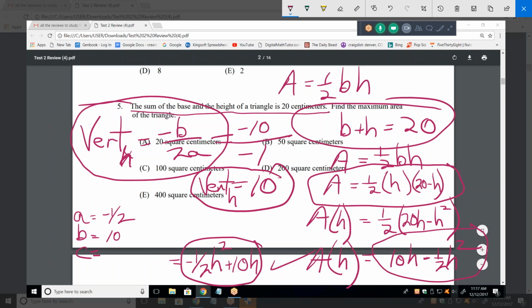Well, now if we know the h coordinate is 10, the b coordinate is also 10. So 10 plus 10 equals 20. So indeed, we have a triangle whose height is 10, whose base is 10, and applying this, we get an area of 50.